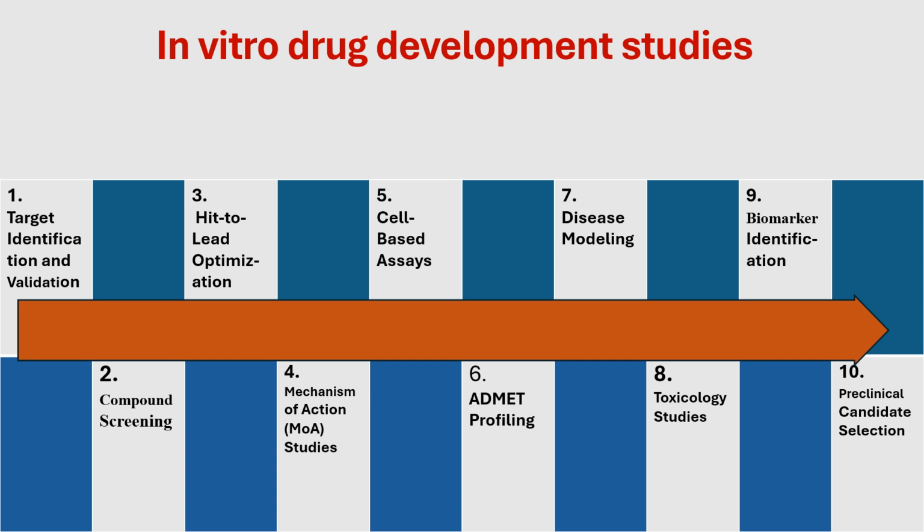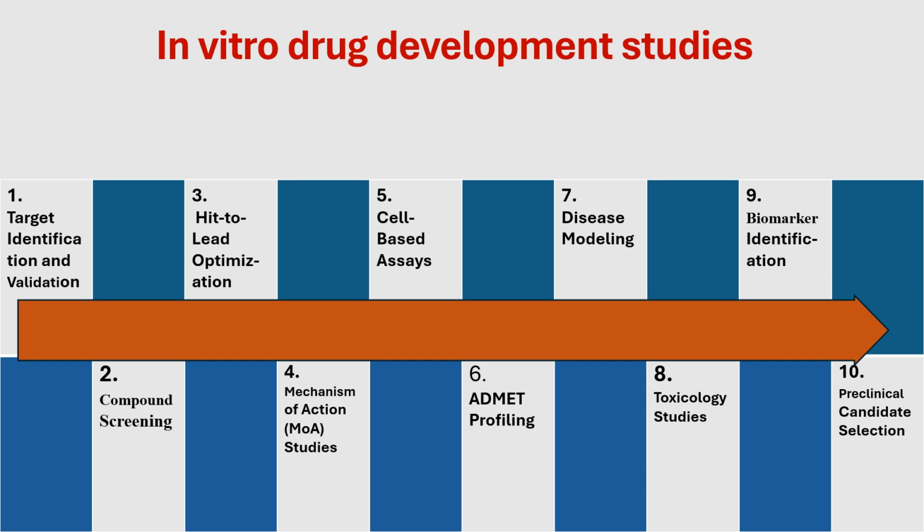A target, which is a protein, enzyme, or receptor involved in the disease process, is identified and validated. 2. Compound screening. By screening, we identify compounds or biologics having activity against the target. These compounds are called hits.